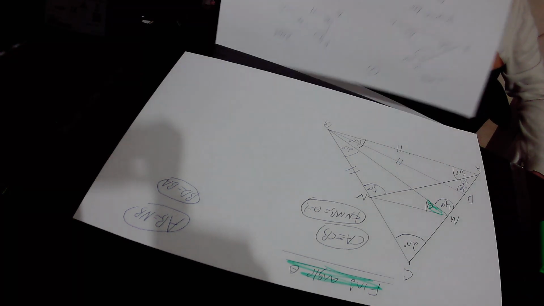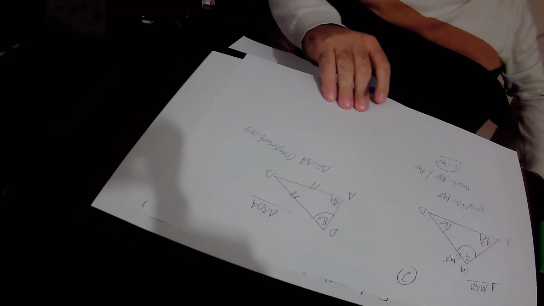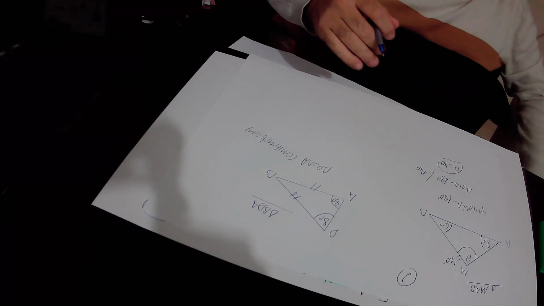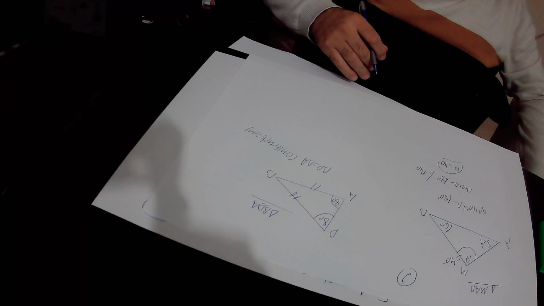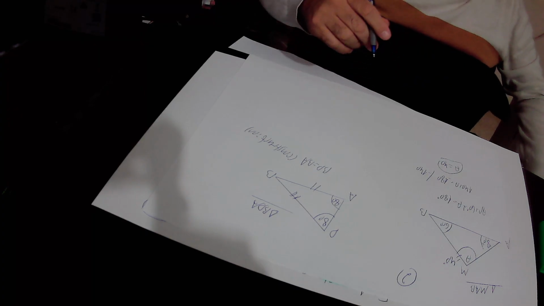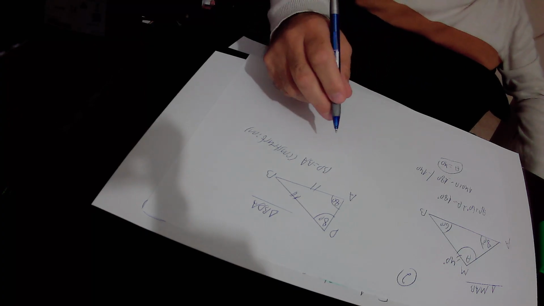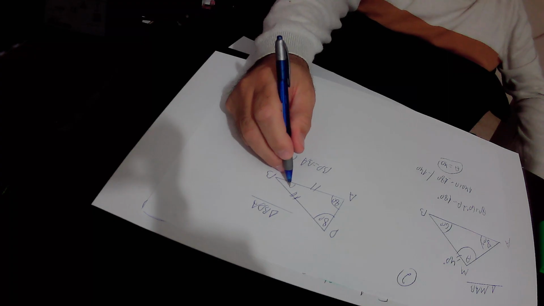We continue to focus on triangle BDA. In triangle BDA, the sum of the angles must be equal to 180 degrees. So which angles do we have here? We define the missing angle as theta.